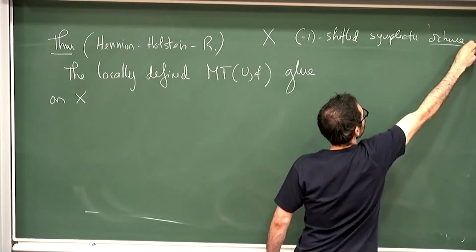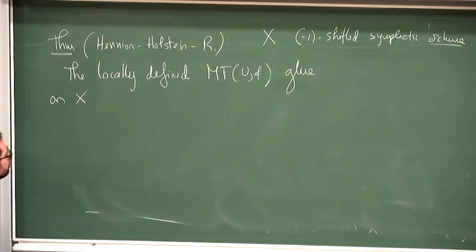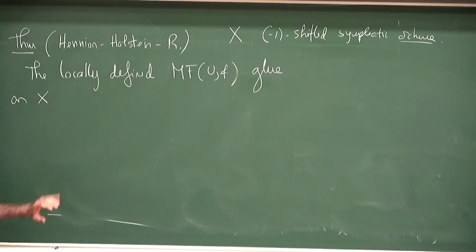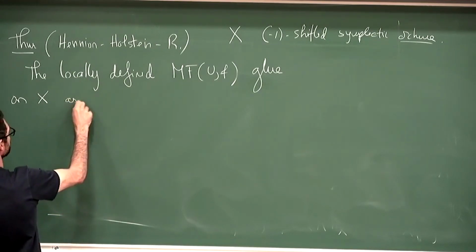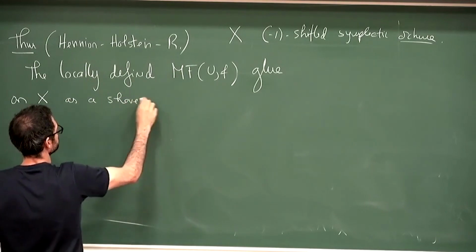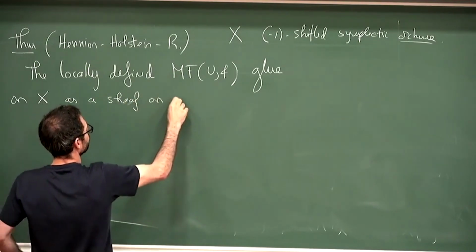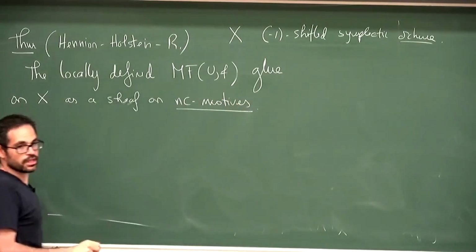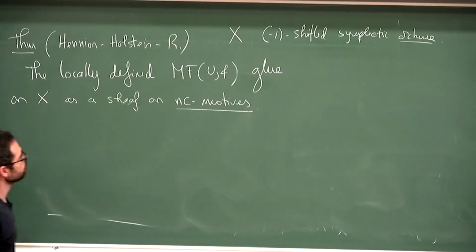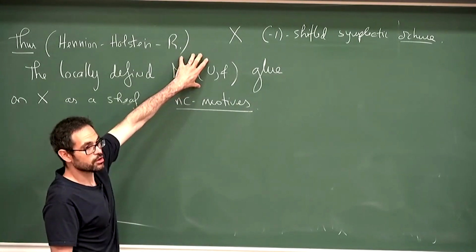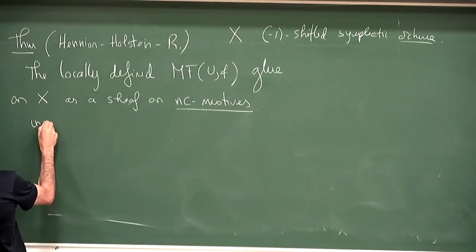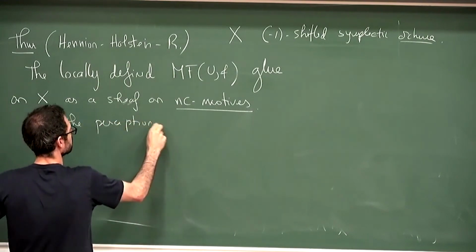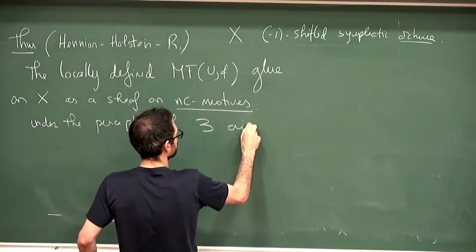We don't have the results yet for stacks. Still, you have the Darboux local form. So the claim is that these locally defined categories on X glue on X as a sheaf of non-commutative motives. We don't claim that the categories themselves glue, but when you pass to non-commutative motives, or even to motives, the motives of these categories glue under the prescription of 3 orientations.